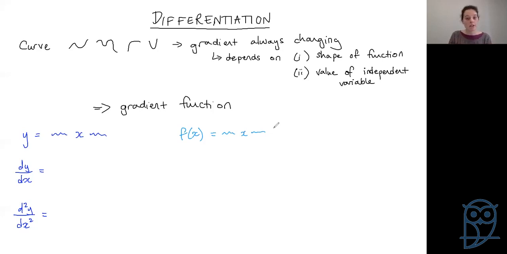If you're working in f(x) notation, your first derivative, your gradient function, is f dash x. And your second derivative is f double dash x. So we always maintain the notation that we got from the very beginning.